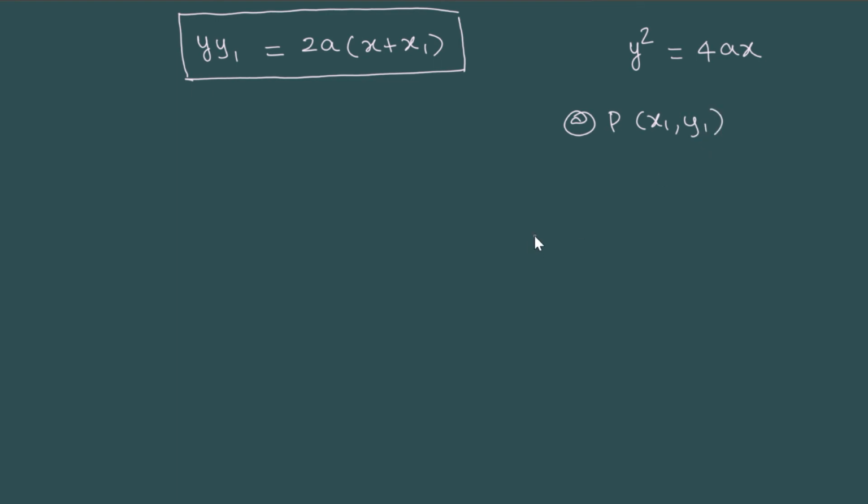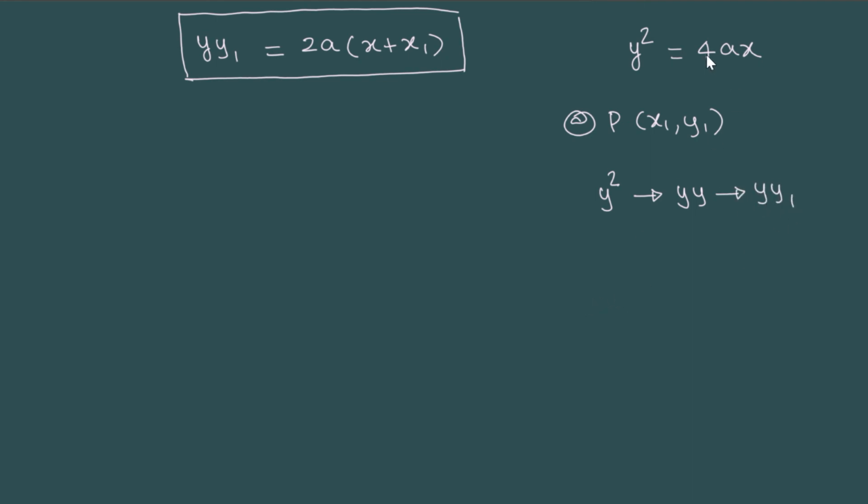So what are we trying to do here? Wherever you have a square, so you have a y square, you try to write it as first y into y. Now one of the y's is replaced with the y coordinate. So this really becomes y y1.